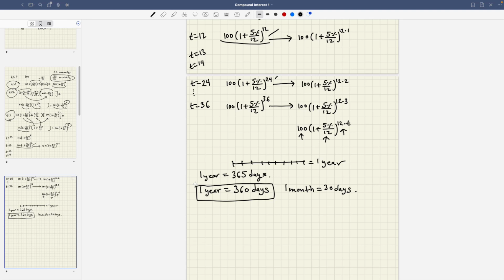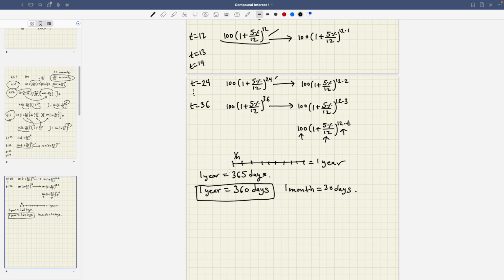Anyways, we can cut a year into n pieces, where n can represent months, weeks, days, hours, minutes, seconds, it doesn't matter. You can represent that mathematically by saying each segment's length is equal to 1 over n.